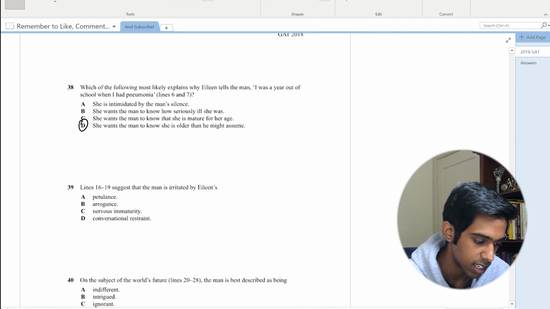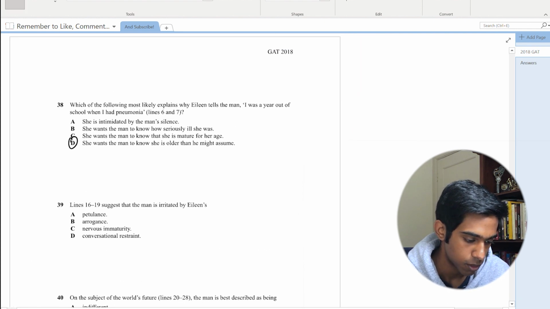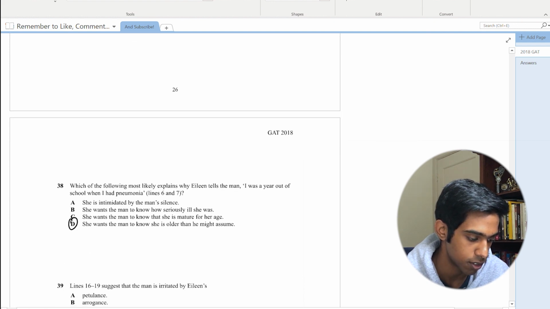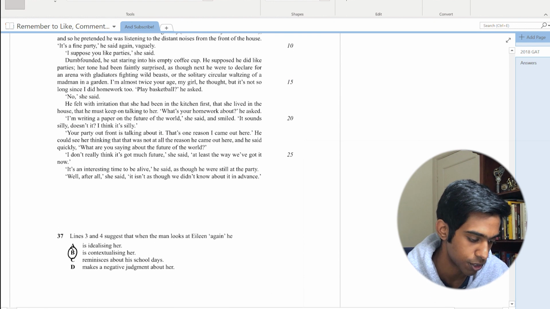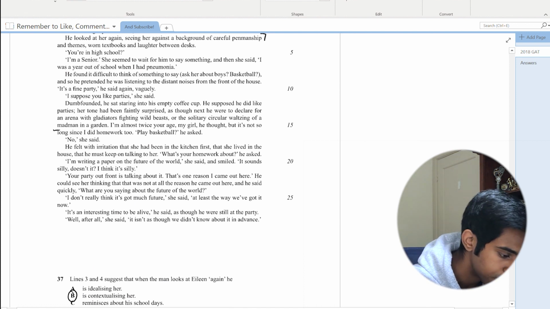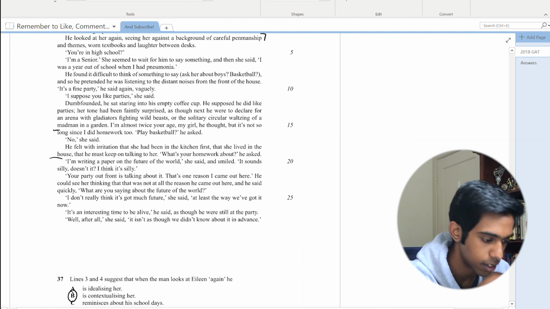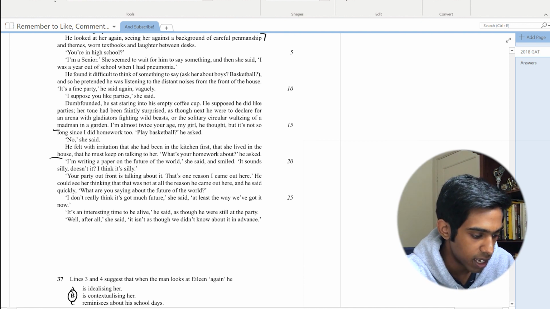Lines 16 to 19 suggest that the man is irritated by Eileen's... We'll have a look at the answer options too. Petulance, arrogance, nervous immaturity, conversational restraint. Okay, so we're looking at 16 to 19. "Play basketball?" he asked. "No," she said.